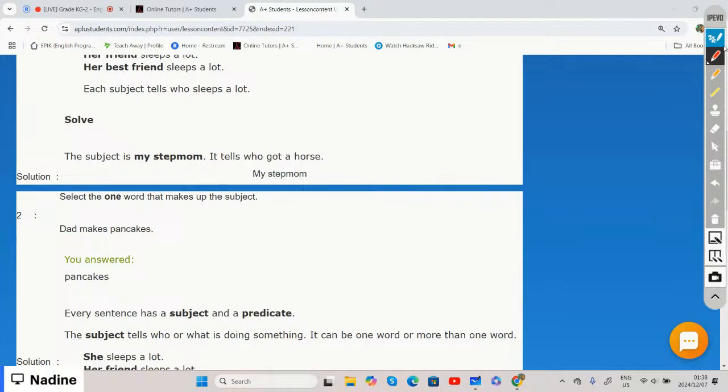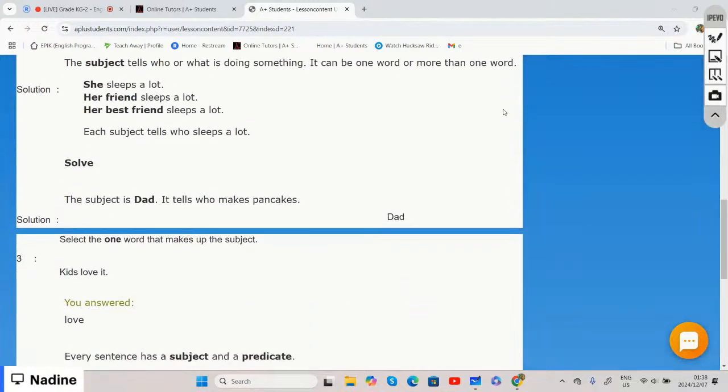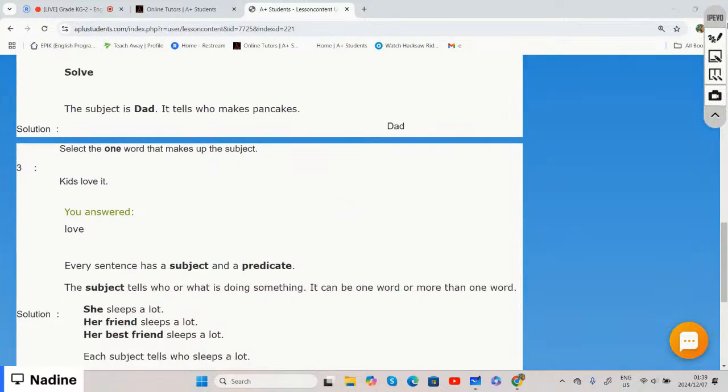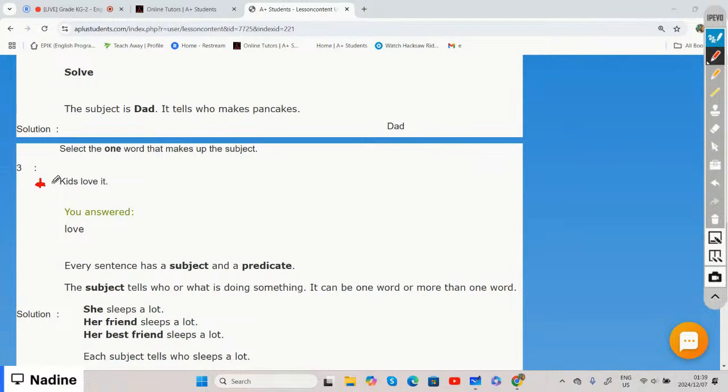Well done. And the last one, and then we're going to our test. It says select one word that makes up the subject. Kids love it. We need to select that one word that makes a subject.